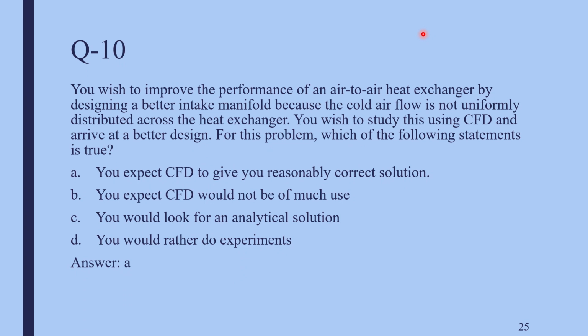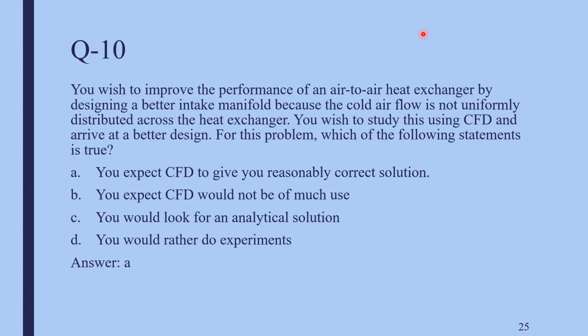So we have one heat exchanger where cold airflow is not uniformly distributed. Because of that, the air-to-air heat exchange is not getting done properly. We need to have a better design. So we wish to study this using CFD and arrive at a better design. For this problem, which of the following statements is true? So what is the thing given? We have a heat exchanger.